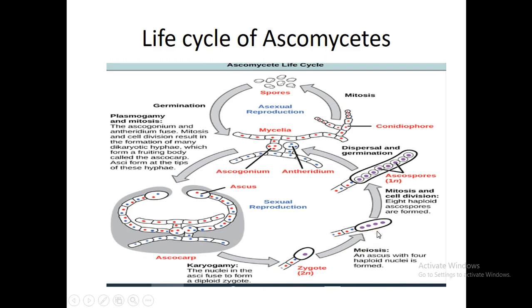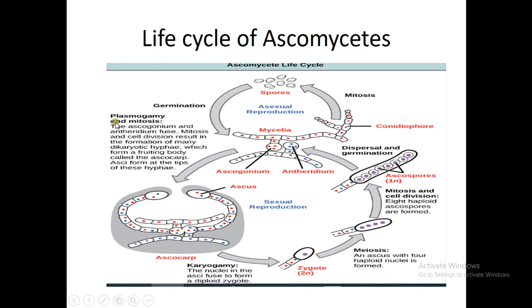Then it will go through mitosis, undergo cell division, and these 8 haploid ascospores are formed, which have distinct walls, and they are placed together in one ascocarp. And then they again disperse and germinate into another mycelia, and in this way this life cycle continues.